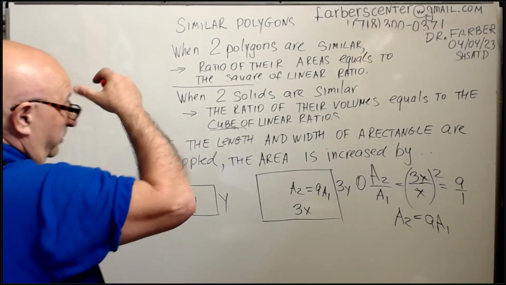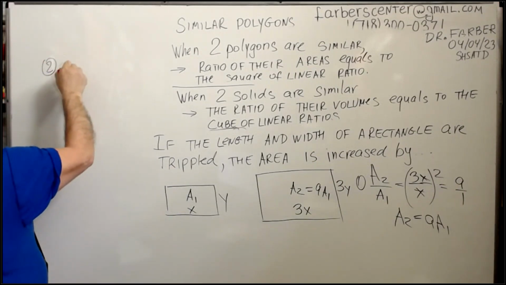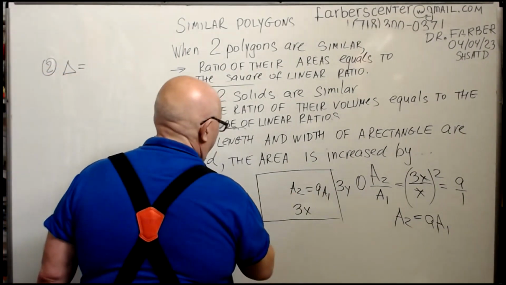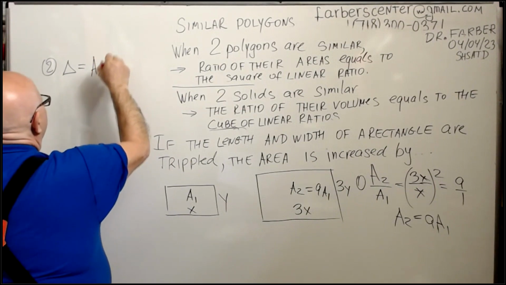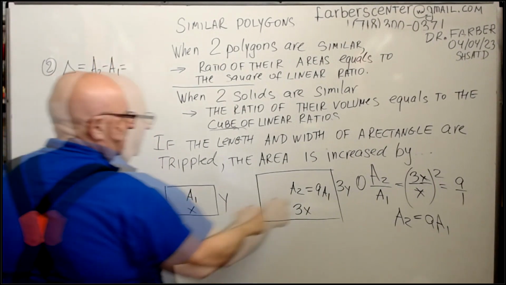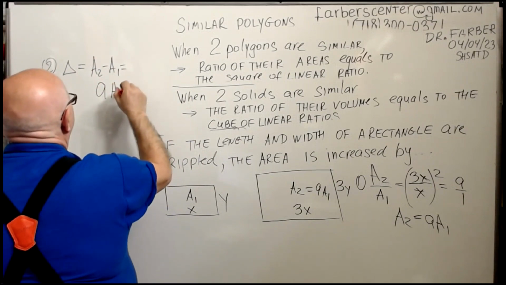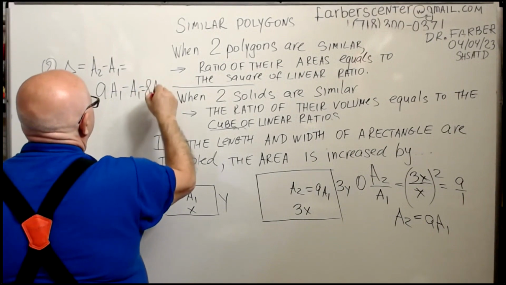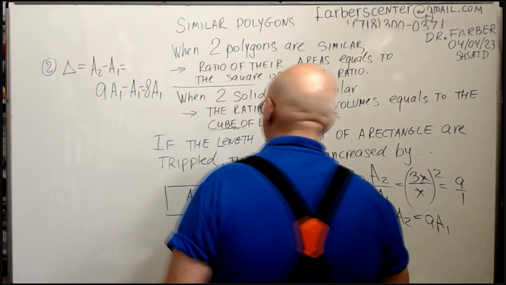Now, step number 2. The increase is the difference. What is the difference between the new area and the first area? A2 minus A1. But since A2 equals 9A1, minus A1 equals 8A1. Area increased by 8A1.